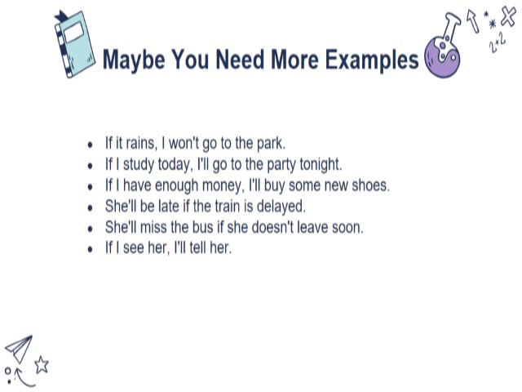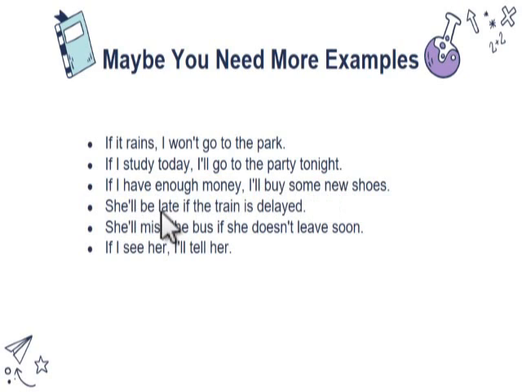And the second one, if I study today I will go to the party tonight. So if I study, this is the if clause, using simple present, and the main clause uses simple future. The next one, if I have enough money, this is simple present, and I will buy some new shoes. Will here is simple future.